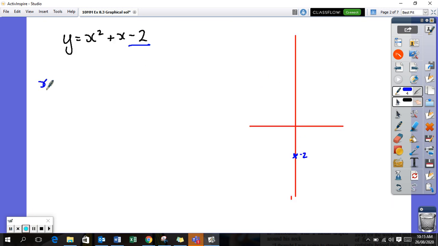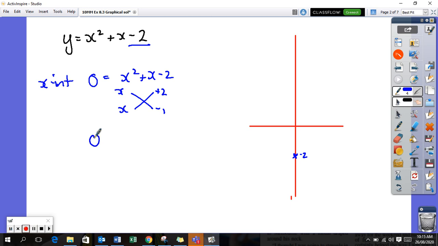So the x-intercept is when y equals 0, so 0 equals x squared plus x minus 2. We have a go at flag and cross, x times x, we want 2 times 1, so one has to be positive, one negative, so positive and negative gives us a positive there, so plus 2x minus 1x is plus 1x.